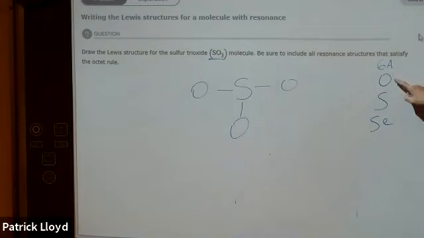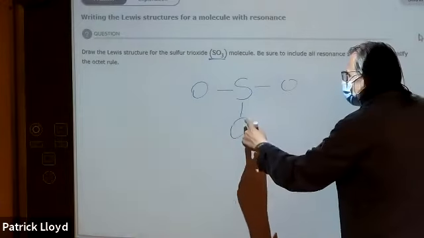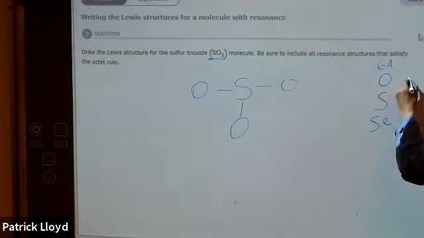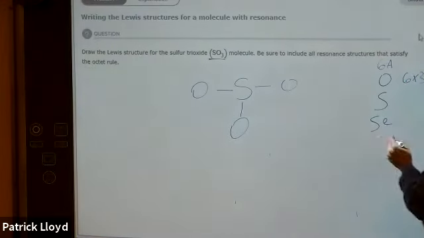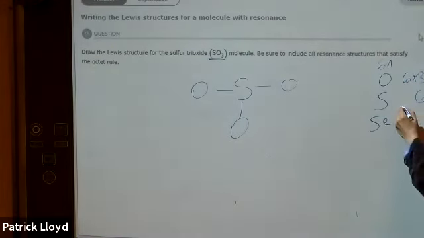So each oxygen has 6 valence electrons, and each sulfur also has 6 valence electrons. How many oxygens do we have? 3. So 6 times 3 is 18. And then we have 1 sulfur, so that's 6. So we have a total of 24.